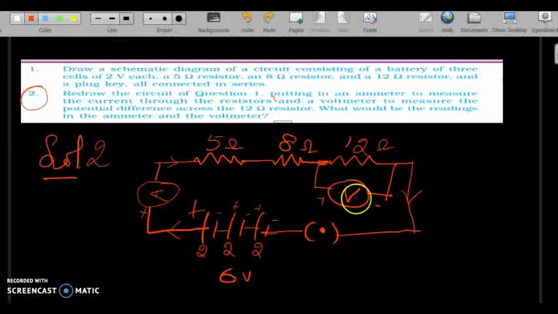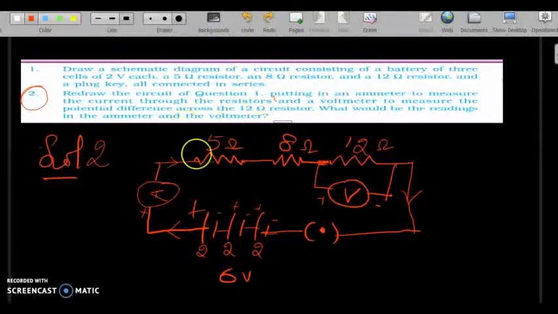Next we have to calculate the voltage across V. If the current and the resistance are multiplied, you get the potential difference across it.